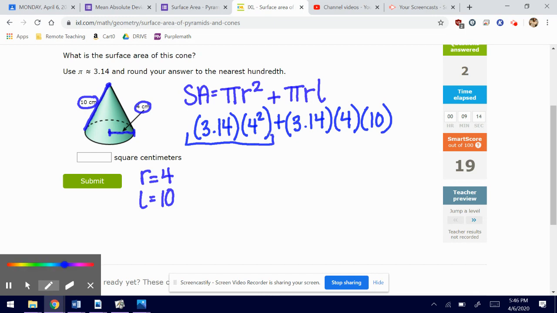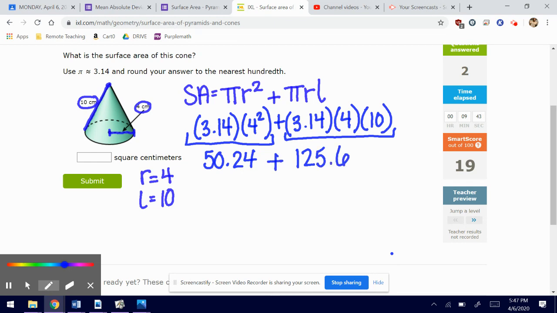Okay, I'm going to type these numbers into the calculator, and I'm just going to do this part first. So I've got 3.14 times 4 squared, which is 50.24. And then I've got this second part, which is 3.14 times 4 times 10, which is 125.6.